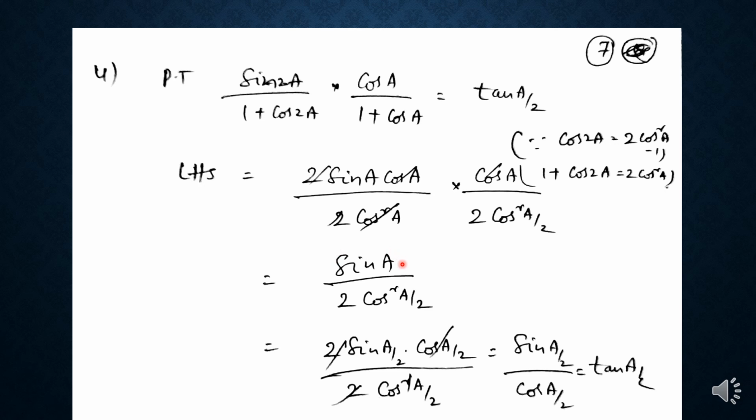Sin a can be written as 2 sin a by 2 into cos a by 2, divided by 2 cos square a by 2. So 2 gets cancelled, cos a by 2 cancels. Then sin a by 2 by cos a by 2 can be written as tan a by 2, which is the RHS.